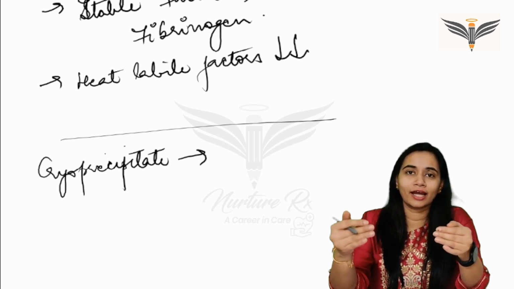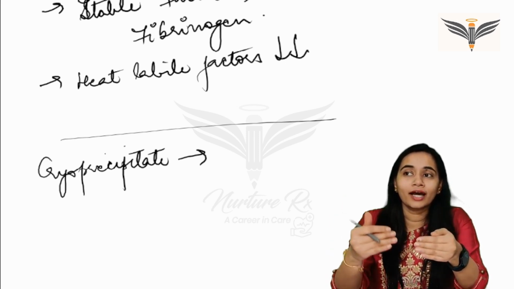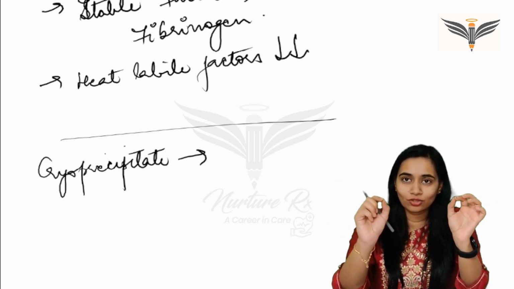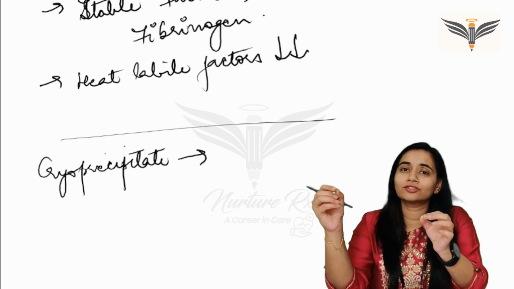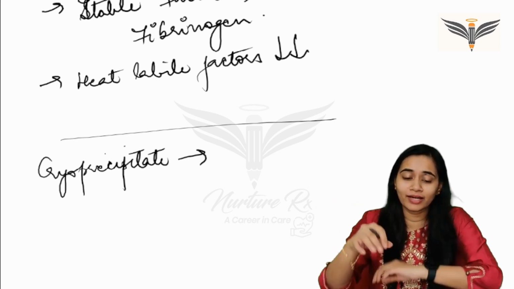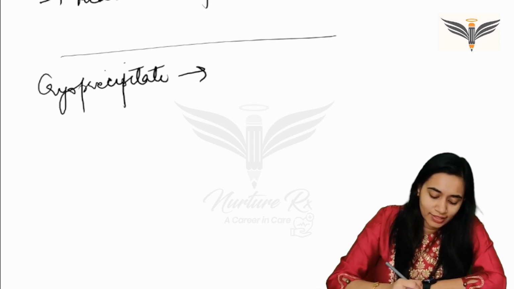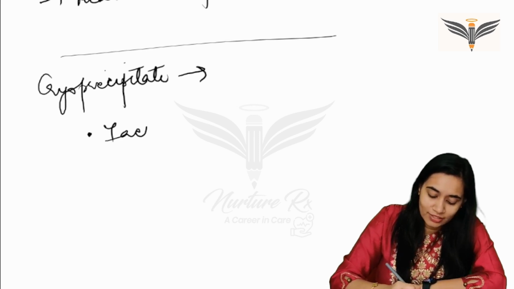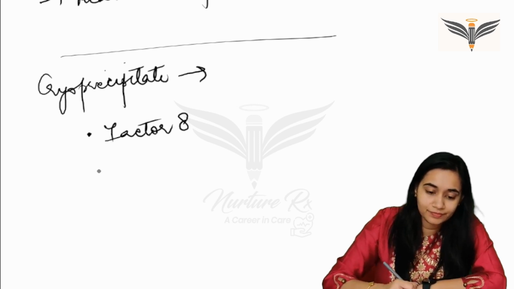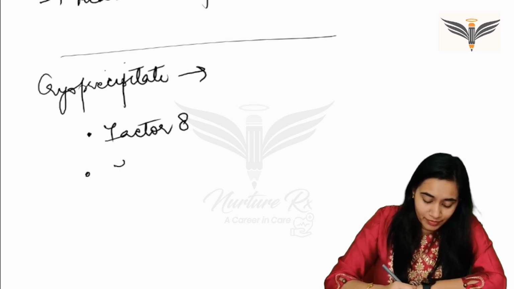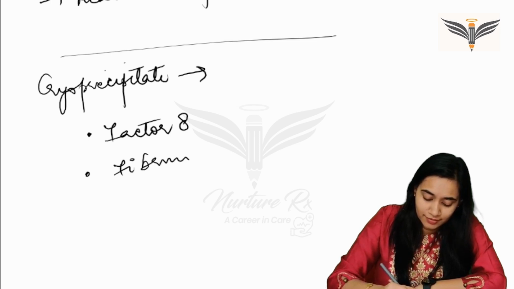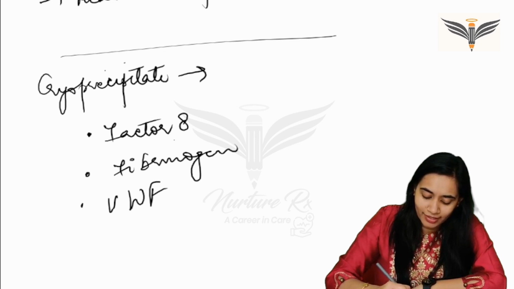This liquid part above is your cryopoor plasma, while the precipitate-like substance which is formed is called cryoprecipitate. Cryo means cold. Your cryoprecipitate is going to contain the heat labile factors. What does it contain primarily? It contains factor 8, fibrinogen, von Willebrand factor, and fibronectin.